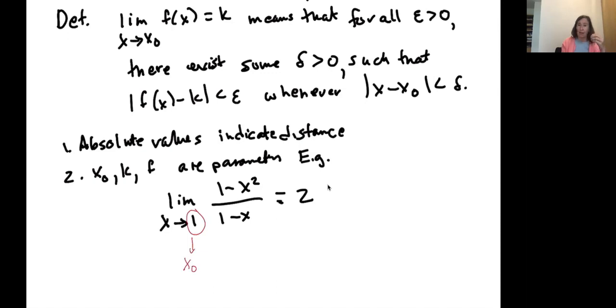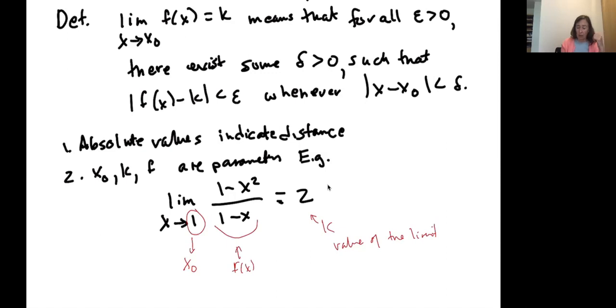This is the value x is approaching. 2 is my k. This is the value of the limit. And this is my specific f of x. So a specific function here.